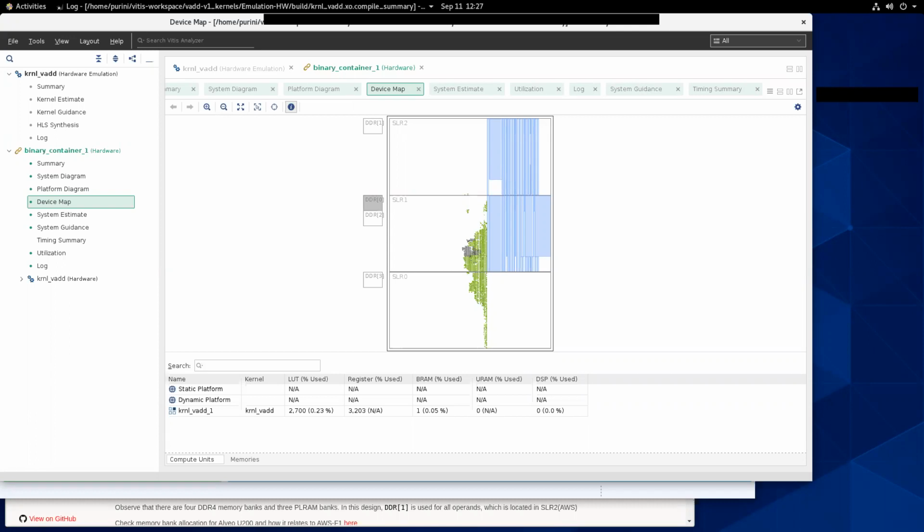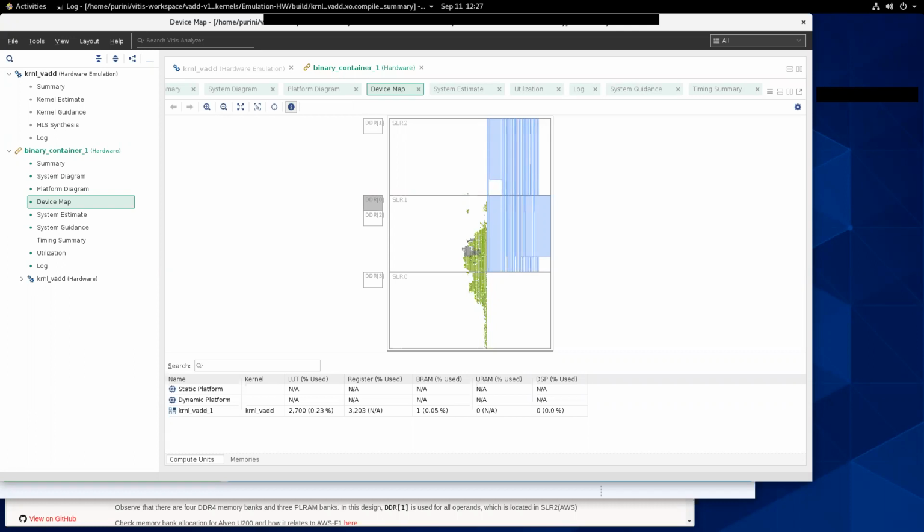And so, different DDR memory controllers for different banks are present in different super logic regions, as it is given here. I just want to understand what this super logic region is. Okay.